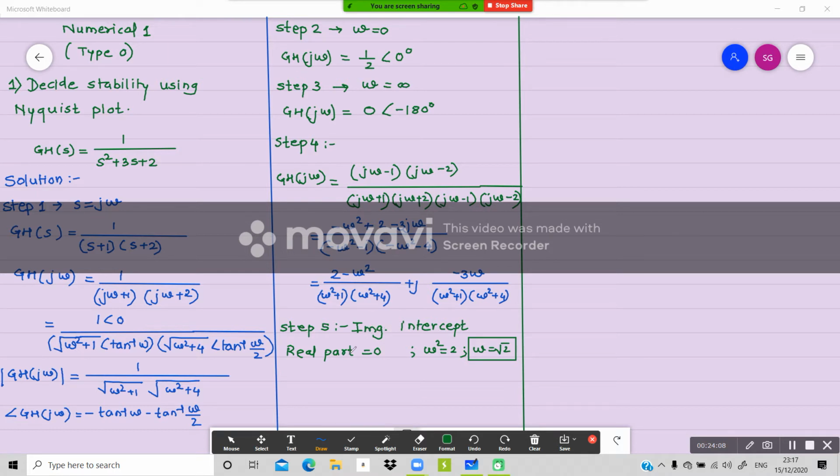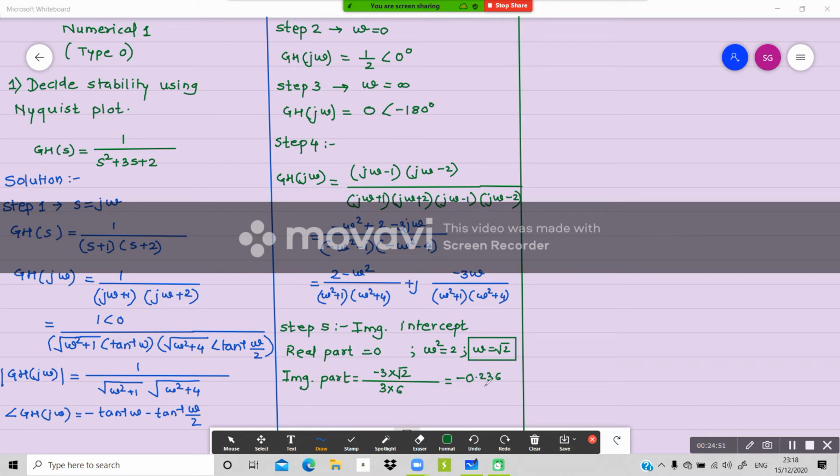Now for this frequency, what is the imaginary part we are interested in? So the imaginary part is equal to minus 3ω, with the value root 2, divided by, this is squared, so 2 plus 1 is 3 and 2 plus 4 is 6, so it will come out to be minus 0.236.